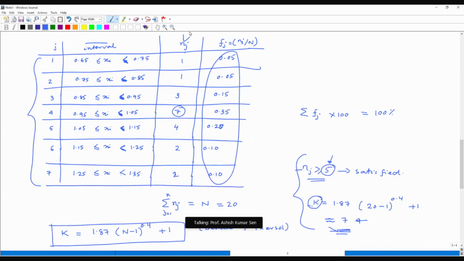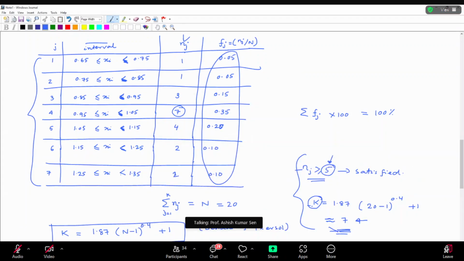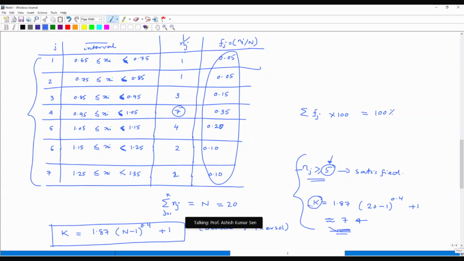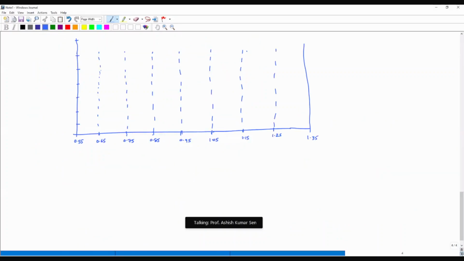Okay, so you can put them in histogram form, which I am going to show there. So you can see that 0.95 to 1.05, you have 7, right? So your 7 is here. So you have the histogram, which is representing like this.